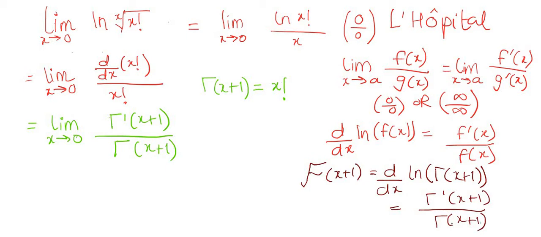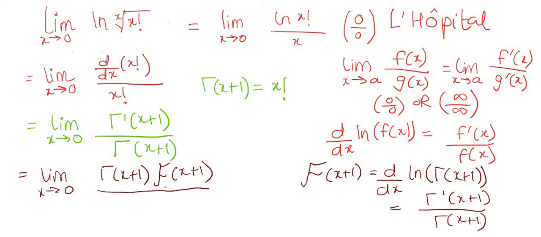And when I multiply this with digamma, the question can be rewritten as: gamma prime is basically the gamma of x plus 1 times the digamma of x plus 1, over the gamma of x plus 1.